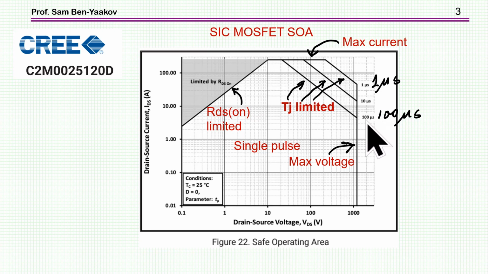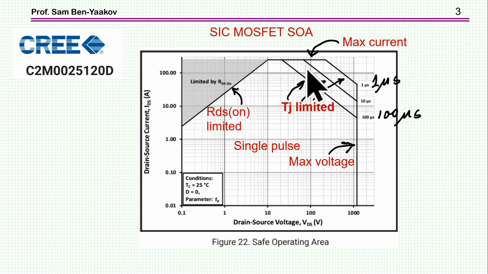So if I have a pulse of, say, 100 microseconds, in order to be in the safe junction temperature, you have to be below this line. Take for example, if the voltage of the transistor is 100 volt, then you can have a pulse current of 100 microseconds of about, I'd say, 50 amp. Okay, so as long as you are below this line, you are okay.